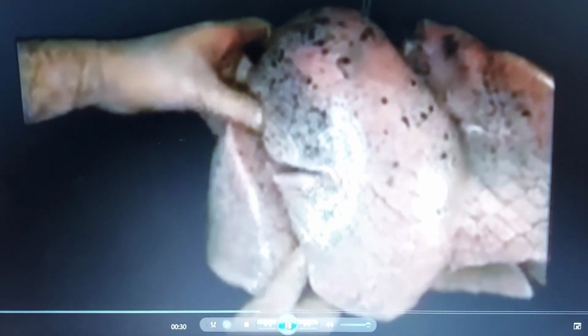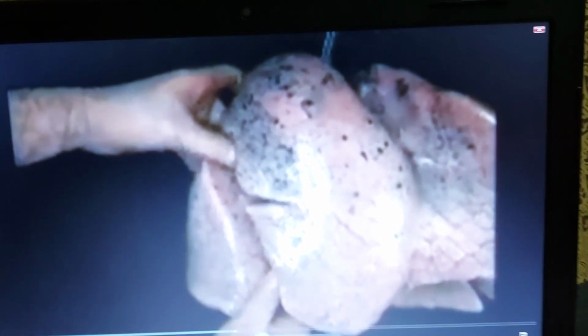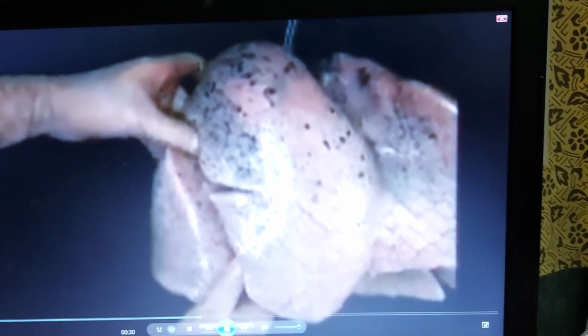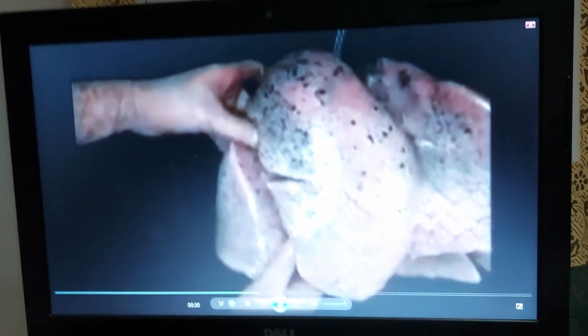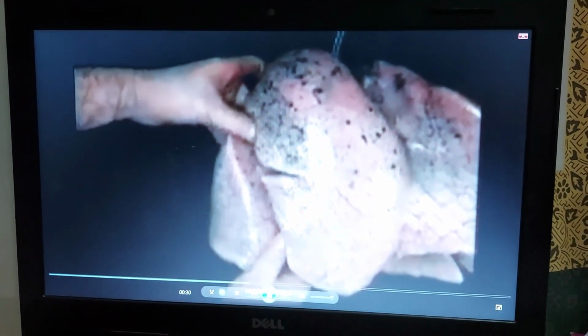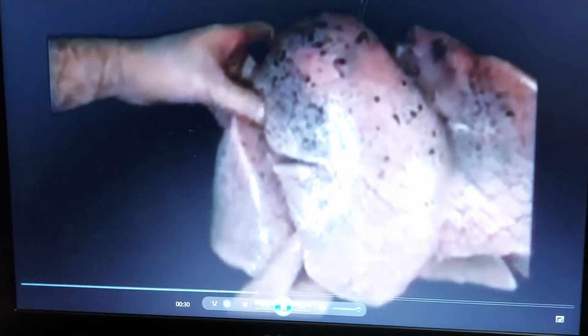So this is the lower lobe, this is the upper lobe, and this is the middle lobe. In the right lung, we have 3 lobes. And in the left lung, we have a single fissure, and it divides the upper lobe and the lower lobe.